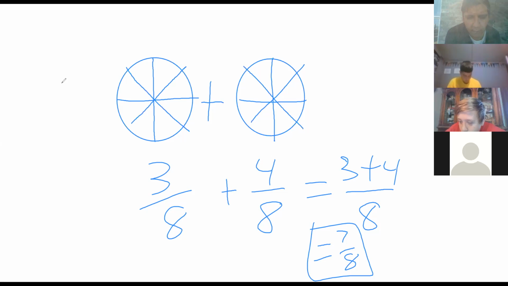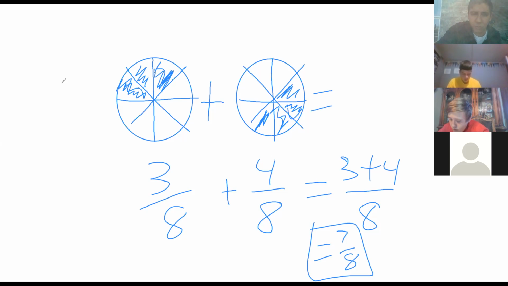The 3 tells us that we fill in 3 of those slices, and the 4 tells us that we fill in 4 of those. Visually, you can see I have 3 of 8 on one side and 4 of 8 on the other.